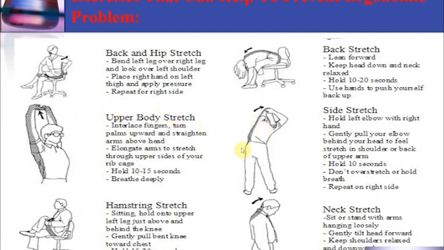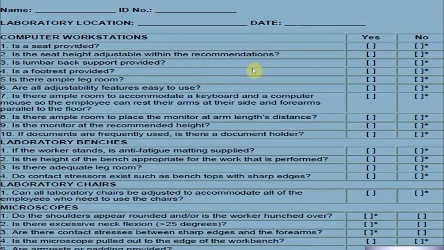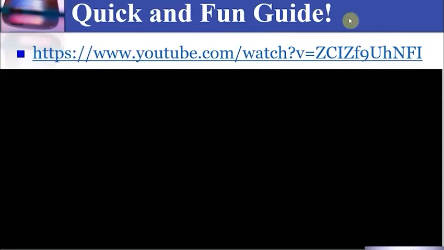Also, these are some more exercises. This is a self-assessment checklist if you like to use, or you can have your own. There's another ergonomic video for you if you like to watch it. It's called Office Ergonomics.